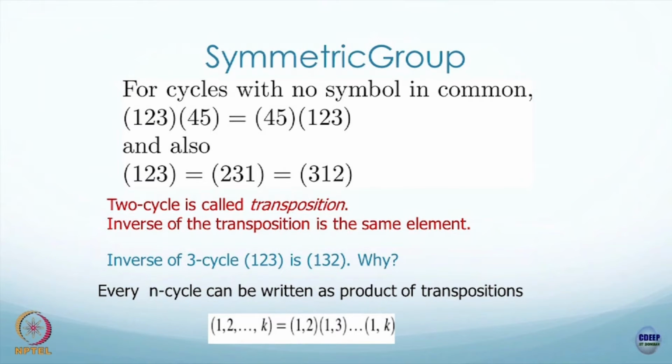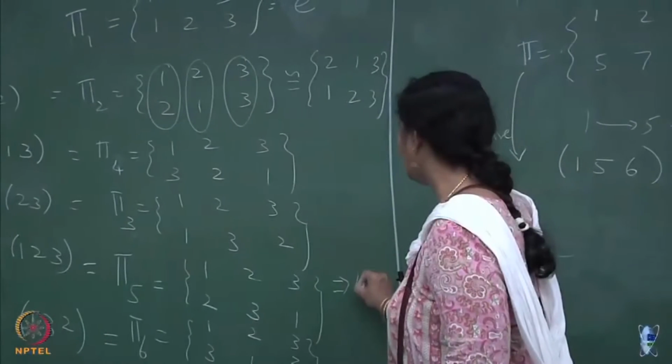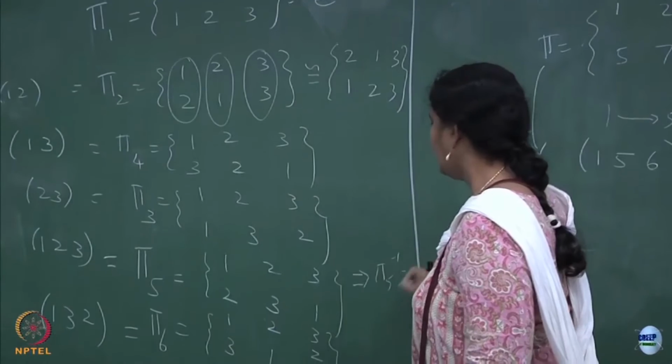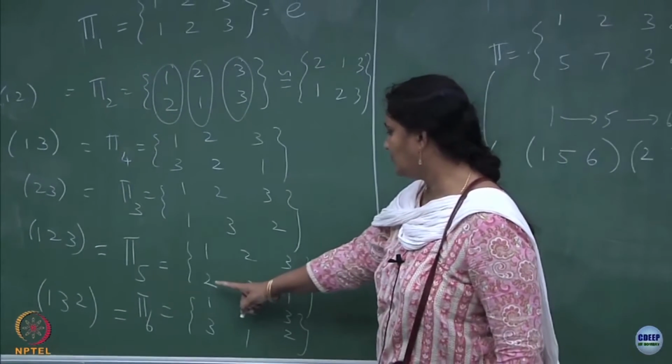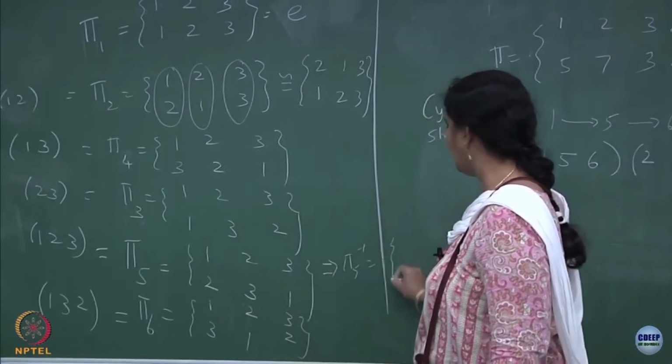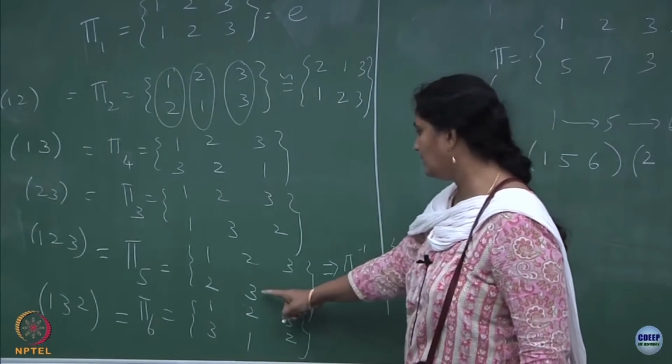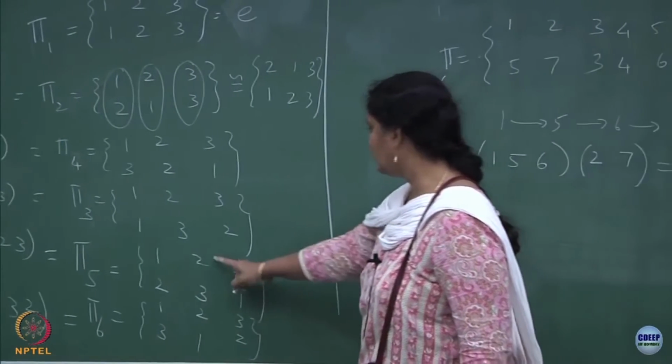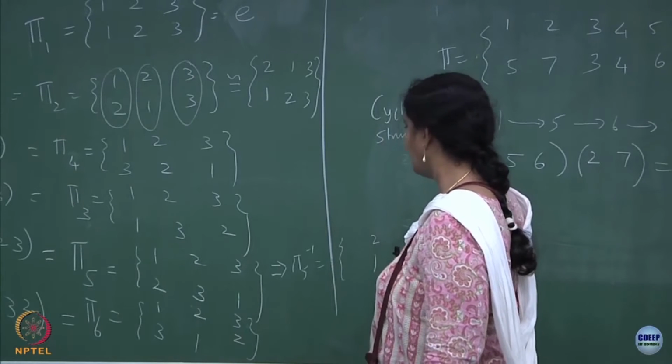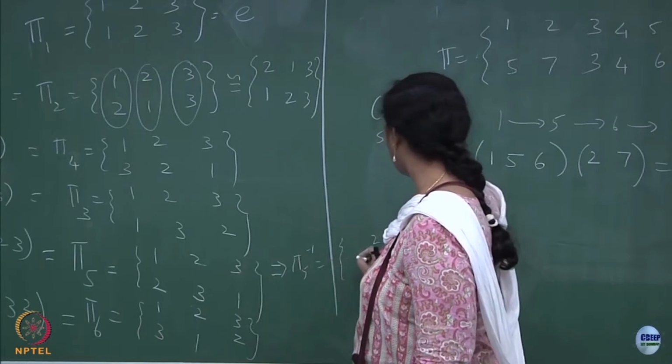Inverse of 1, 2, 3 is 1, 3, 2. Can you check that also? You could probably do it here. If you take the inverse here, what does this mean in the inverse? I already taught you that you have to see 2 goes to 1, 3 goes to 2, and then 1 goes to 3.